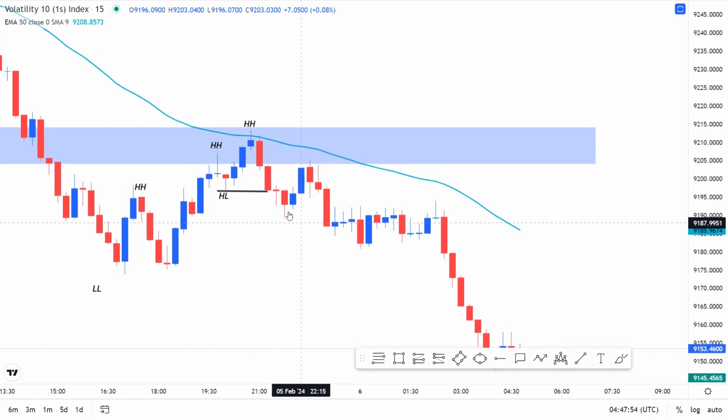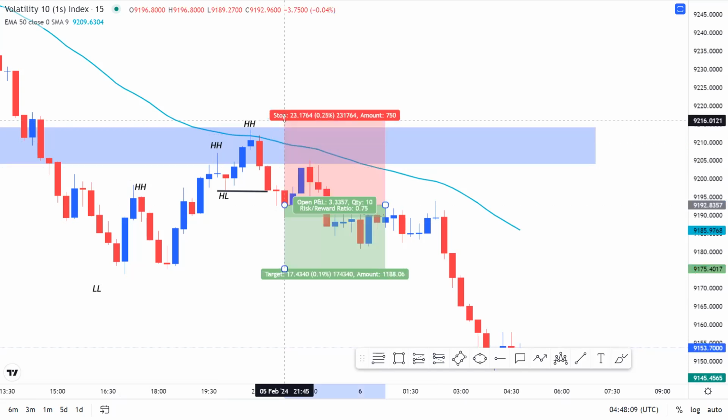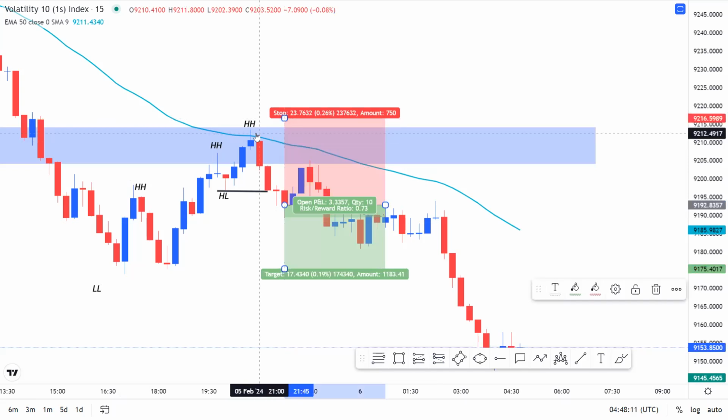And then as soon as we had that shift, typically I would have gotten in on my sells right at this point and have my stop loss just above the highs right at my area of interest here.